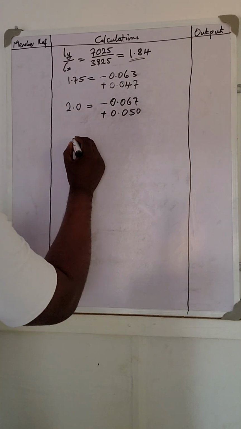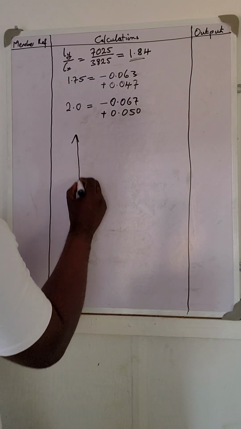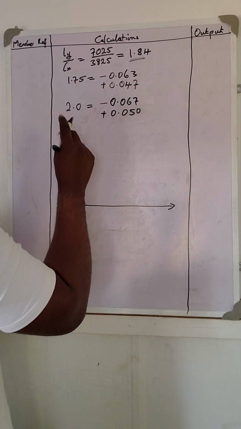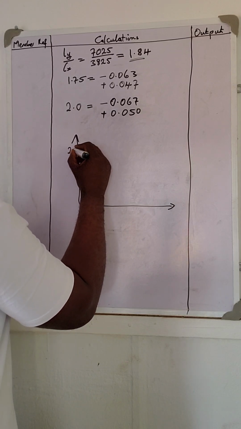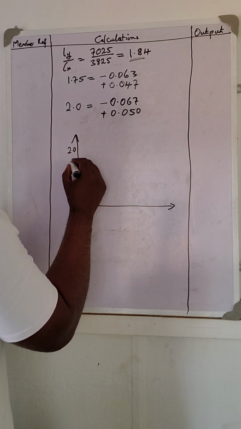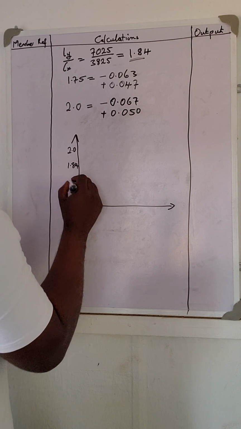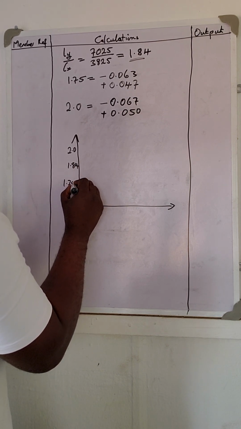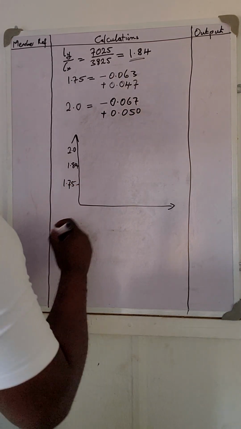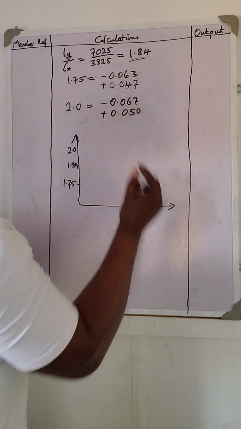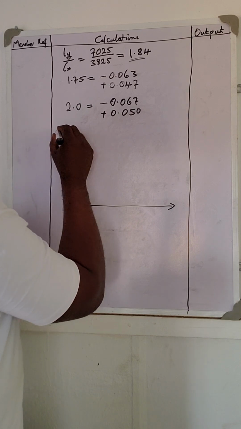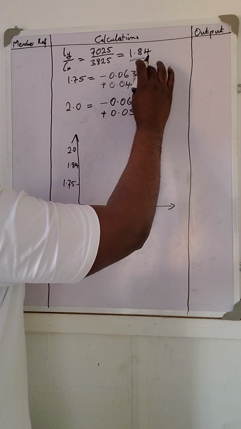First thing first you do is to draw a graph. Then let's call this one the highest, 2.0. Then the next is 1.84. Then the next is 1.75. Now for the 2.0, we are solving for the negative moment coefficient.